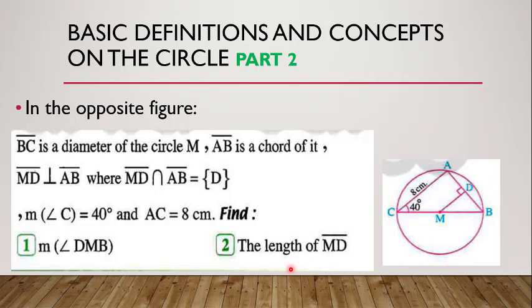MD is a line segment drawn from the center to a chord, and this straight line is perpendicular to the chord AB. The intersection point between MD and AB is point D. Measure of angle C is 40 and AC equals 8. I want to find the measure of angle DMB and the length of MD.